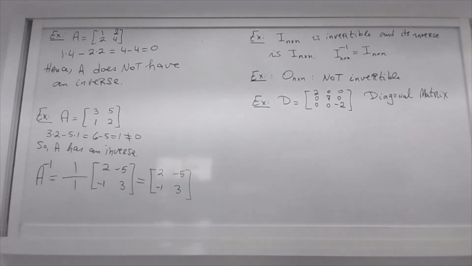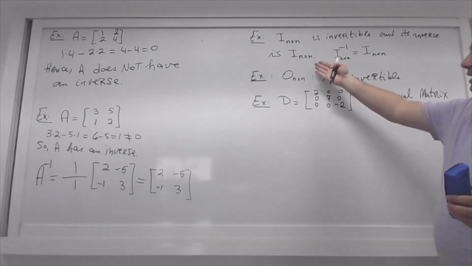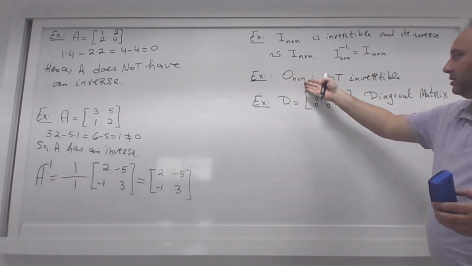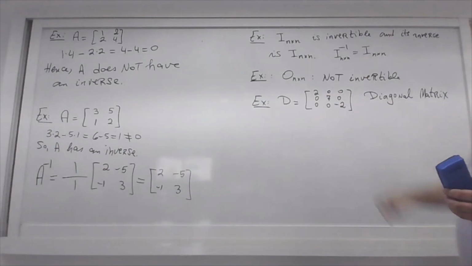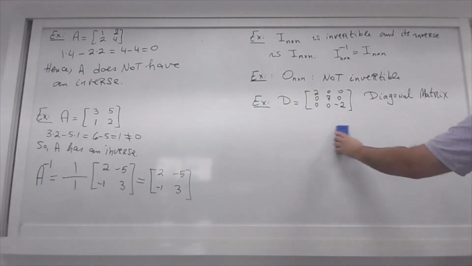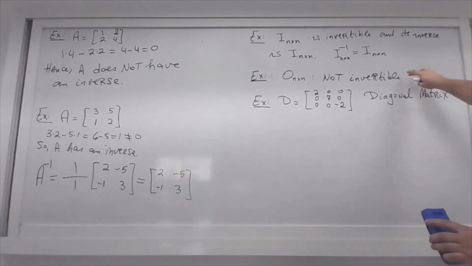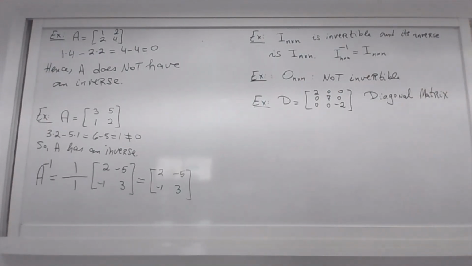If you just check the definition, you cannot find any other matrix such that the 0 matrix times that matrix gives identity. When you multiply the 0 matrix times any other matrix, you're going to get the 0 matrix, no other choice. So that explains that 0 matrices do not have an inverse.